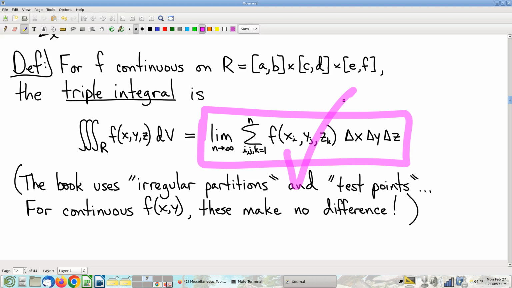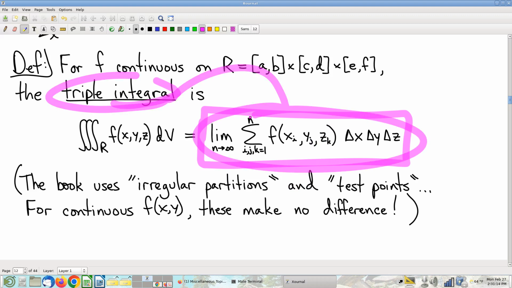A huge number of questions that very naturally chop up into easy little questions, which you can then add up over the whole. So this is worthy of a name. We call it a triple integral. And I want to be clear that triple integral means Riemann sum. In the same way that all integrals are Riemann sums, as far as we're concerned in this class.